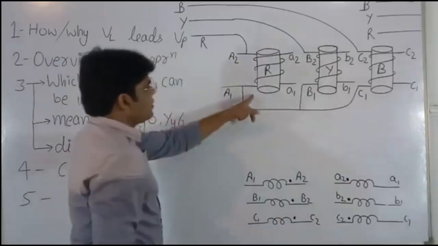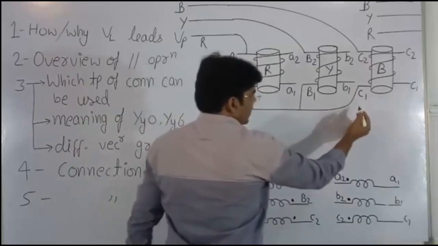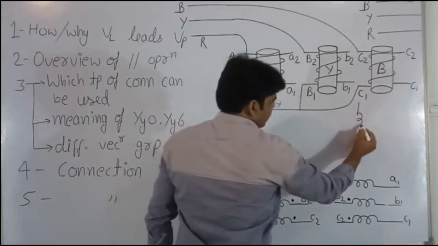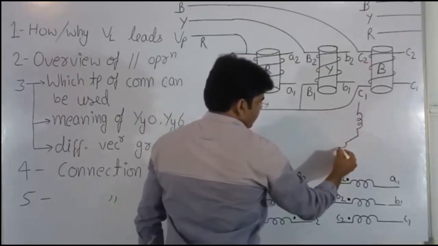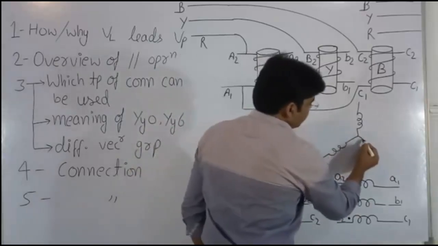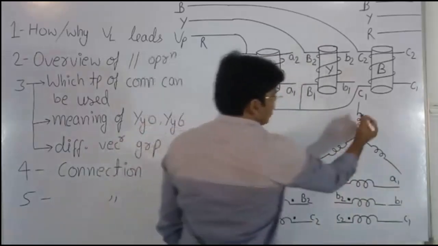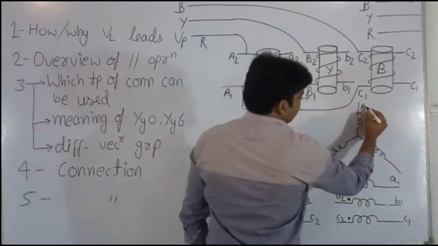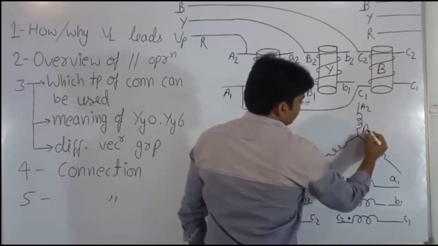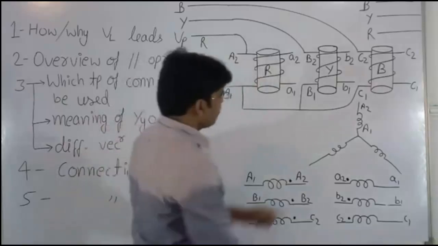The schematic representation of this connection I am going to show here. This is the same connection as here. This winding is A1, A2, this winding B1, B2, and this is C1, C2.